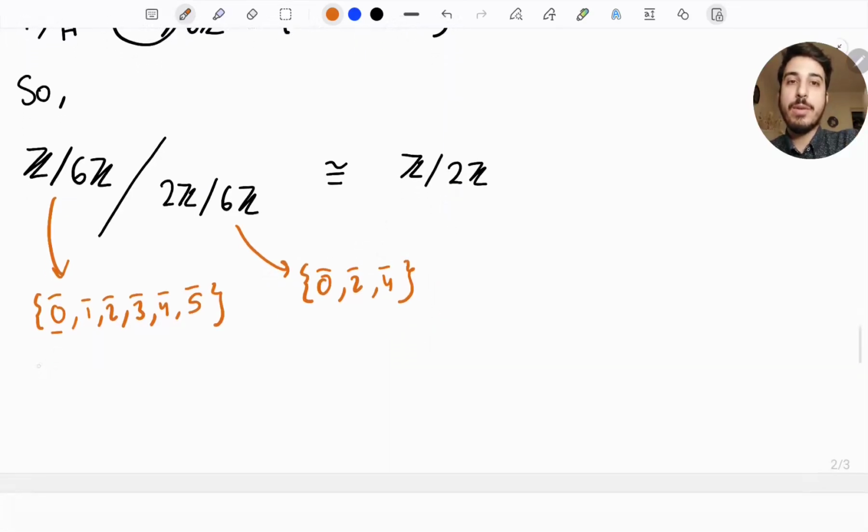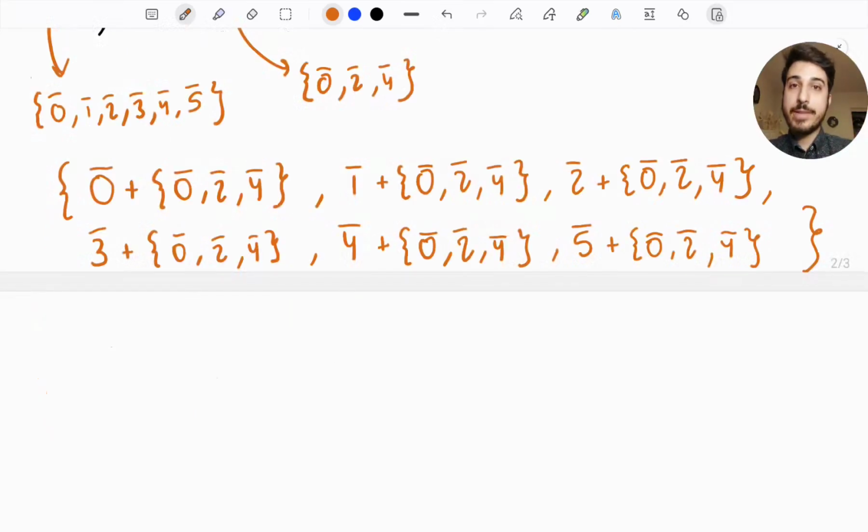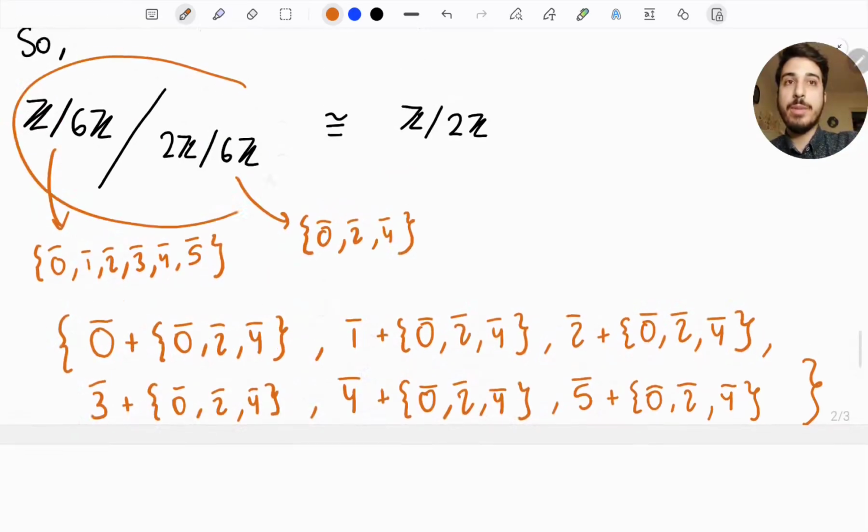So this is how it's going to look like. First, we take the element 0, and then we're going to operate it, but the operation is addition, so we're going to add it to all the set 0, 2, 4. And I repeat the same thing with 1, 2, 3, 4, and 5. I'm going to list down all of the elements now. Okay, as you can see, I've listed all of the elements in the quotient group here.